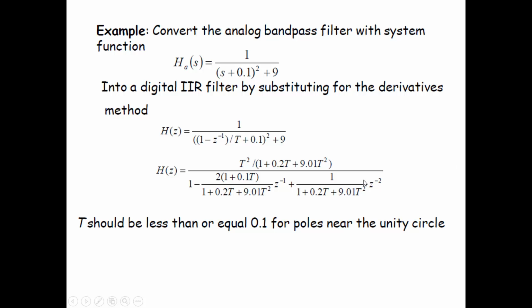This is the final digital filter after you transform small s with (1 minus z to the power minus 1) divided by capital T. Now we can analyze this expression and establish that capital T should be less than or equal to 0.1 for poles near the unity circle. So we can decide the sampling time also, because we have to place all the poles within the unity circle to get a stable digital filter. That's the trick to obtain digital filters by approximation of derivatives using this transformation.